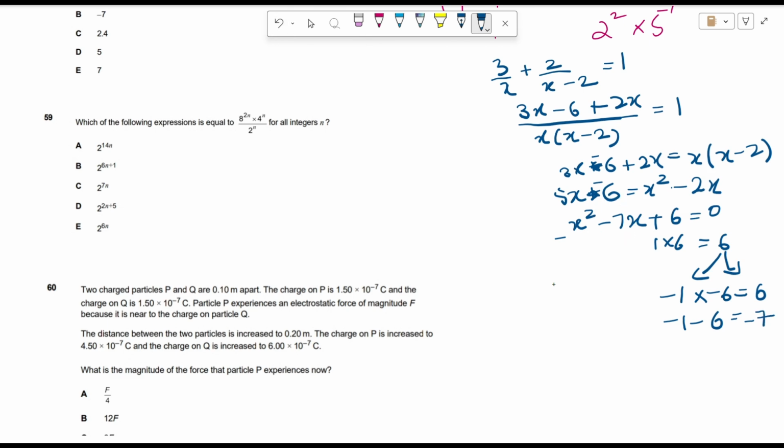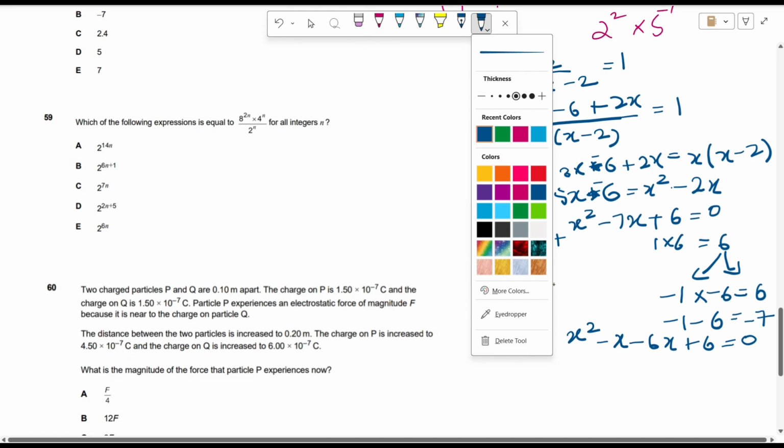Now let's write it. X square minus x minus 6x. Basically, instead of this minus 7x, now we are writing these two factors. So minus 6x plus 6 equals 0. Now we are supposed to find the common.